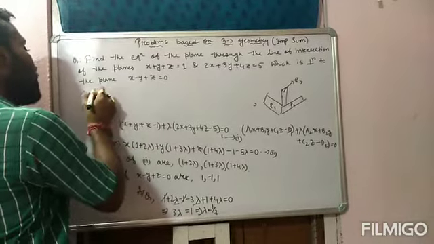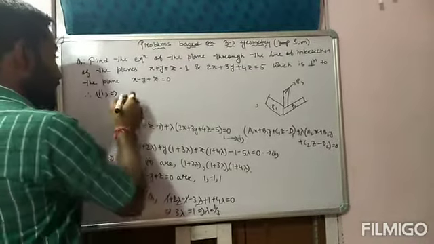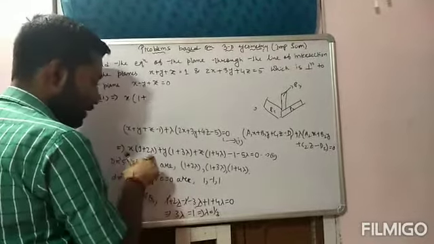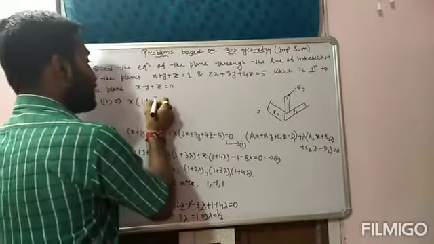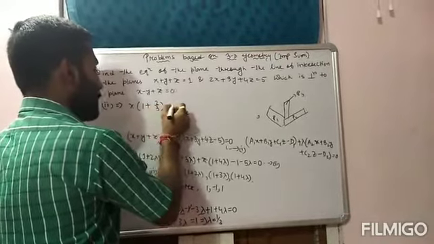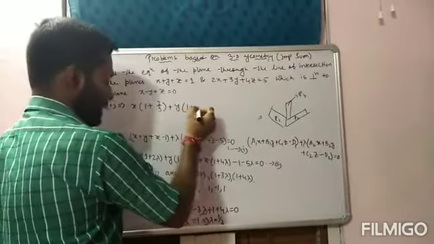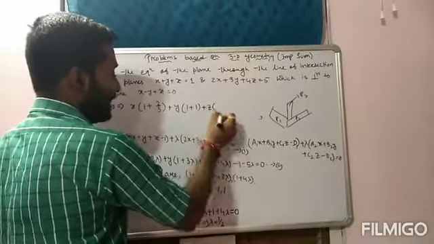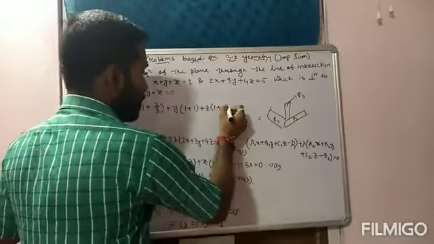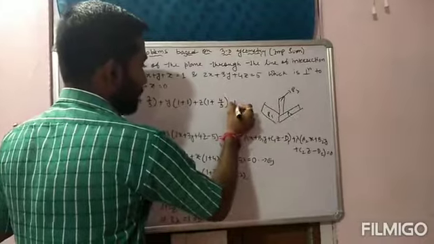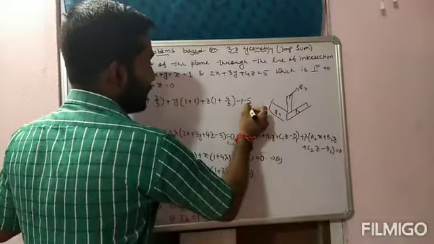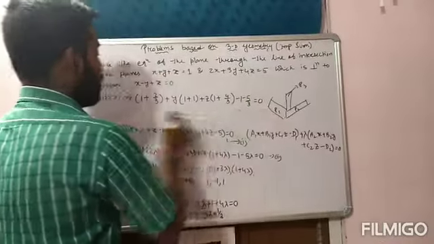So therefore equation 2 implies x into 1 plus 2 into lambda. Since lambda is 1 by 3, this will be 2 by 3, plus y into 1 plus 3 by 3 means 1 only, plus z into 1 plus 4 by 3, minus 1 minus 5 into lambda, that means 5 by 3, which is equal to 0.